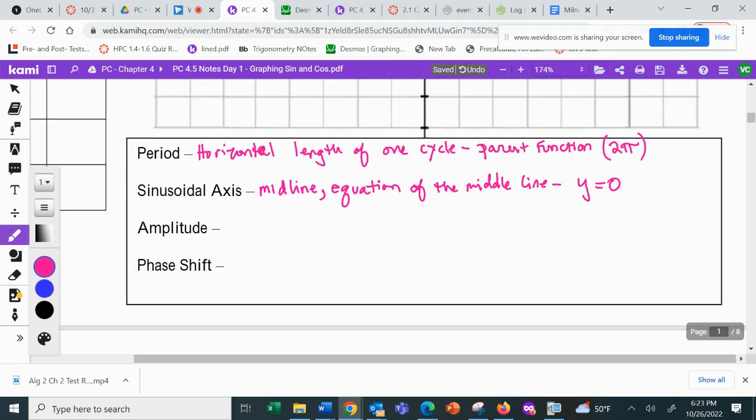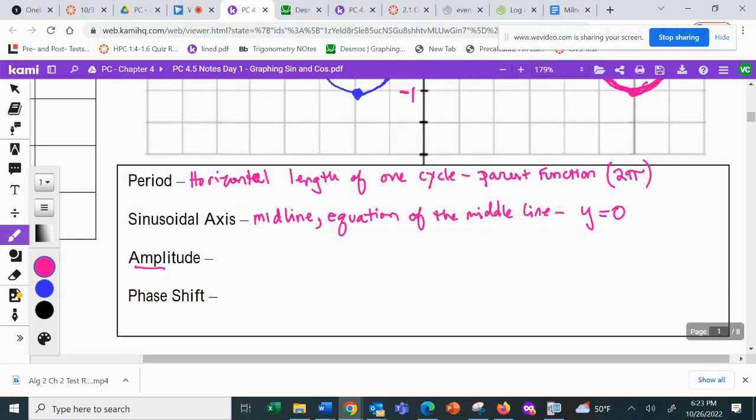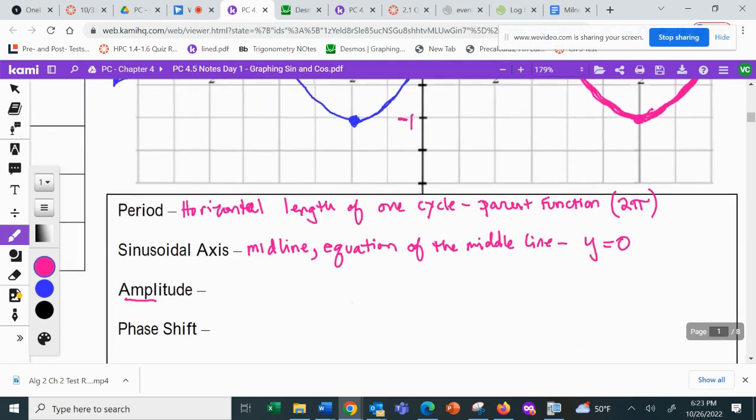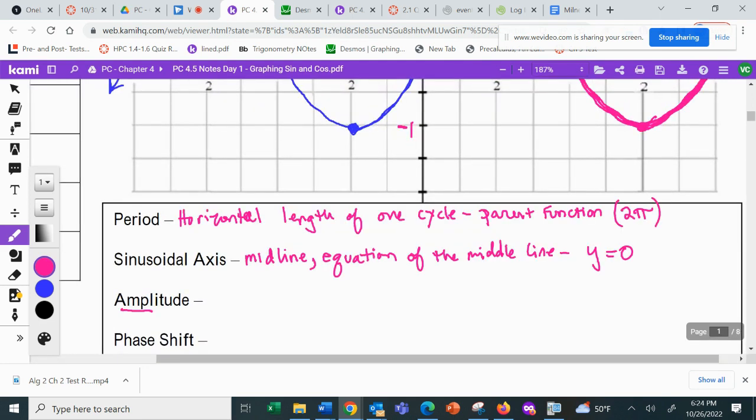The amplitude, we hear amp, and I always think of an amplifier. If you play electric guitar, you have to plug it into an amplifier, and an amplifier would make it go louder. It can also go quieter if you turn down the volume, but that's kind of what I think about.